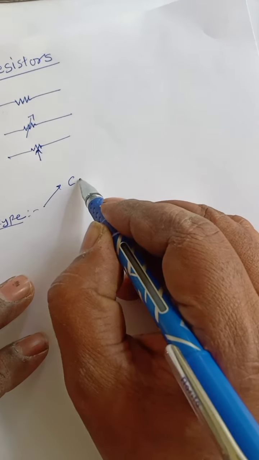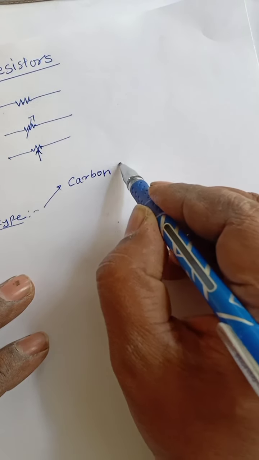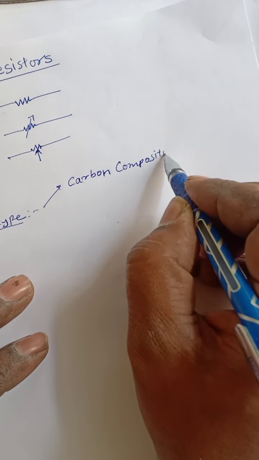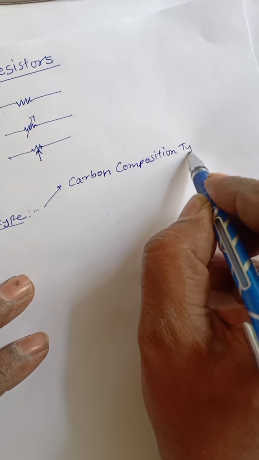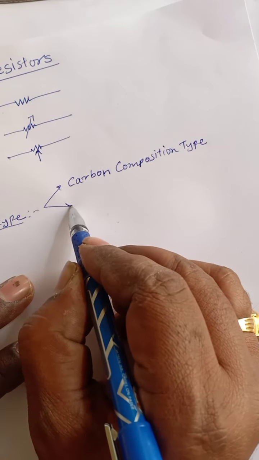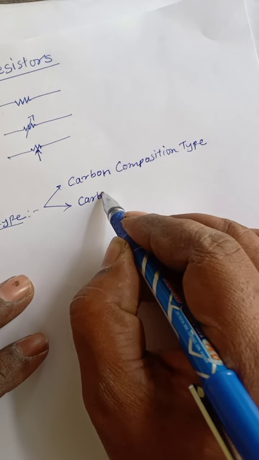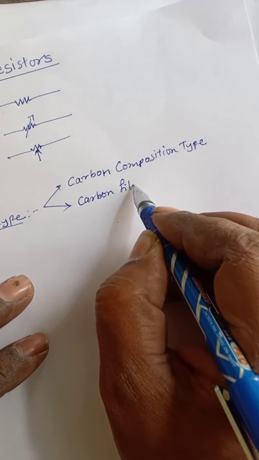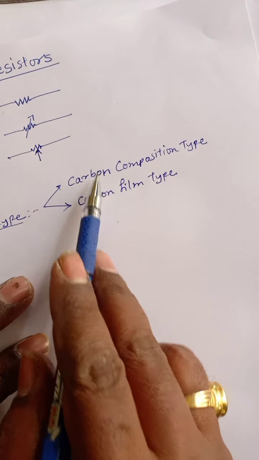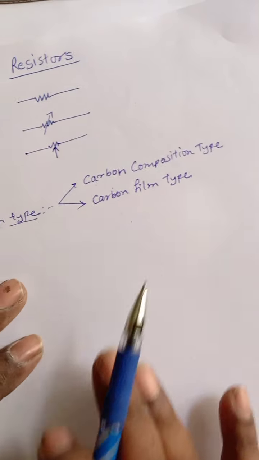The first one is the carbon composition type resistor, and the second one is the carbon film type resistor. In both we are using carbon as a resistive material.